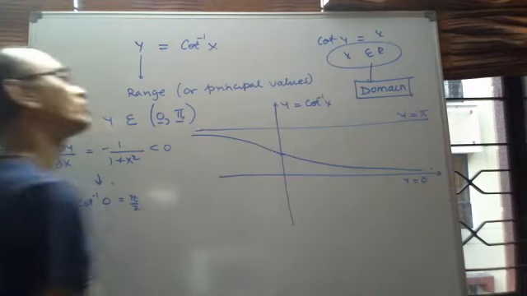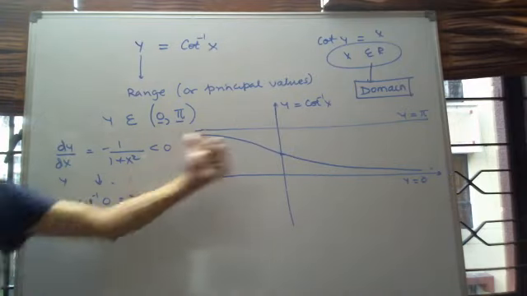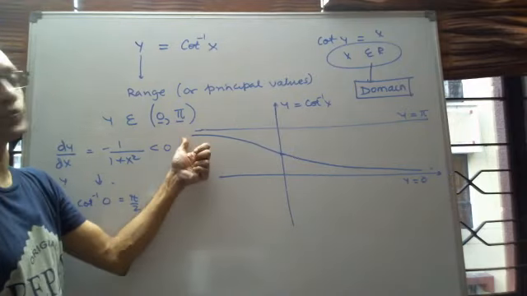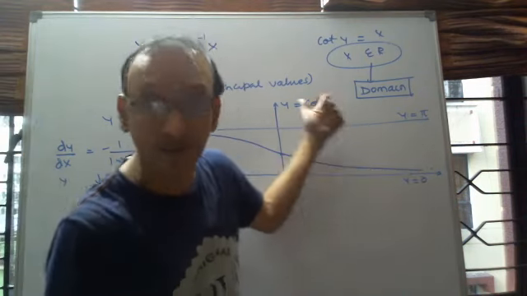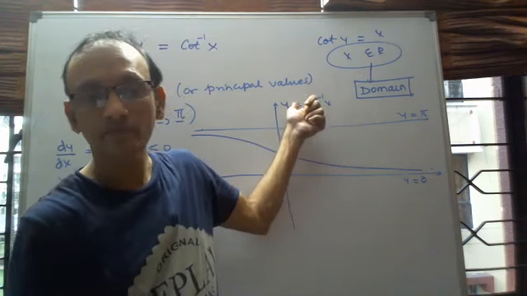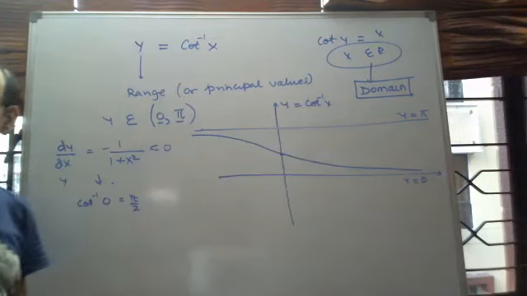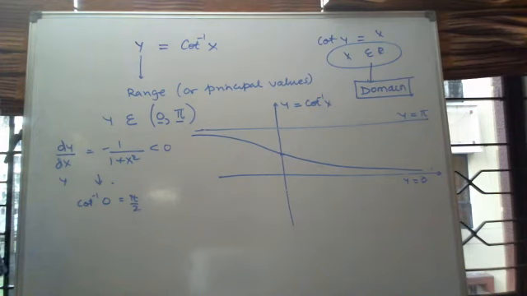This is the graph of cot inverse. As x tends to minus infinity, y tends to pi. As x tends to plus infinity, y tends to 0, but never becomes 0, never becomes pi.